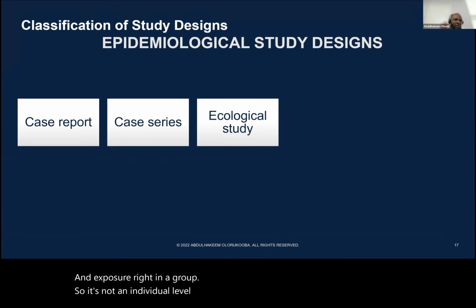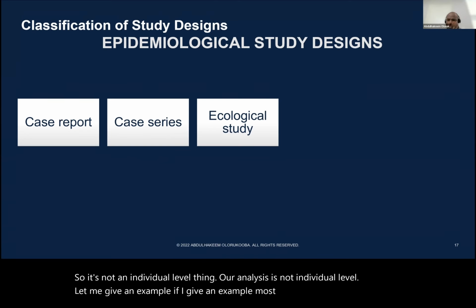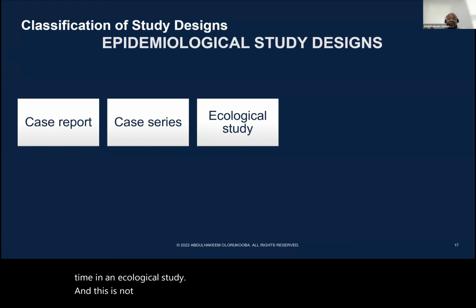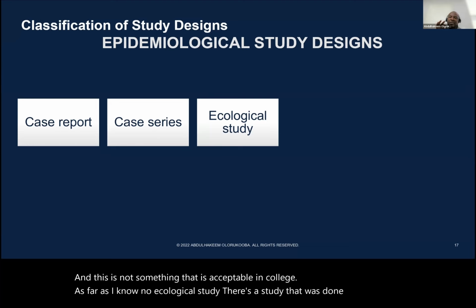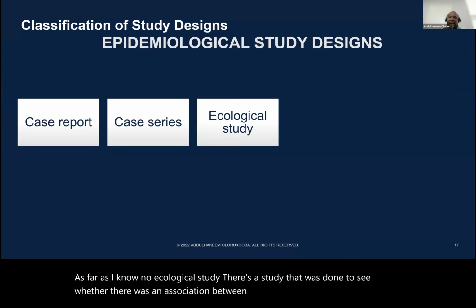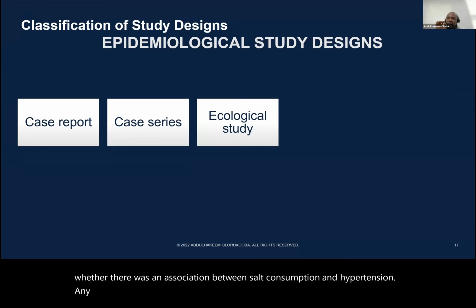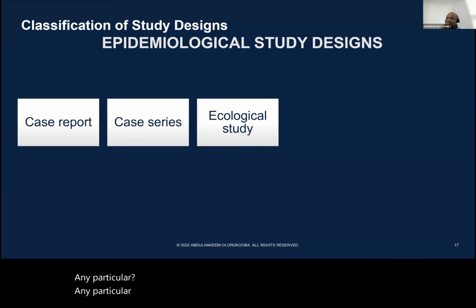Our analysis is not individual level. Let me give an example. If I give an example, most people will get this one time. In an ecological study, there's a study that was done to see whether there was an association between salt consumption and hypertension in a particular community, in Kaduna, for example.